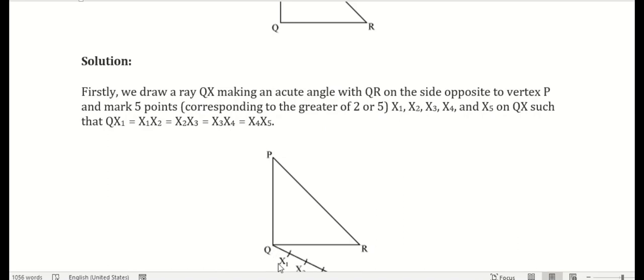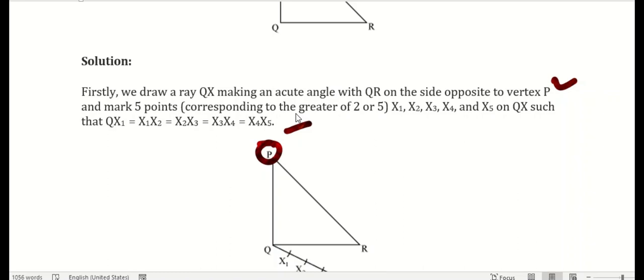We make first QX, making an acute angle with QR and on the side opposite to the vertex P. Here is the P, and mark 5 points corresponding to the greater of 2 or 5, X1, X2, X3, X4 and X5 on QX such that QX1, X1X2, X2X3, X3X4, X4X5 are equal.